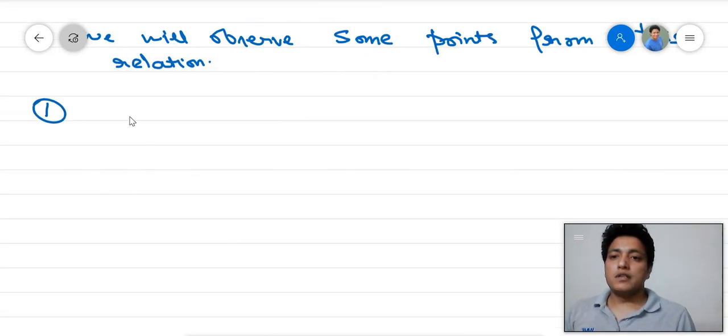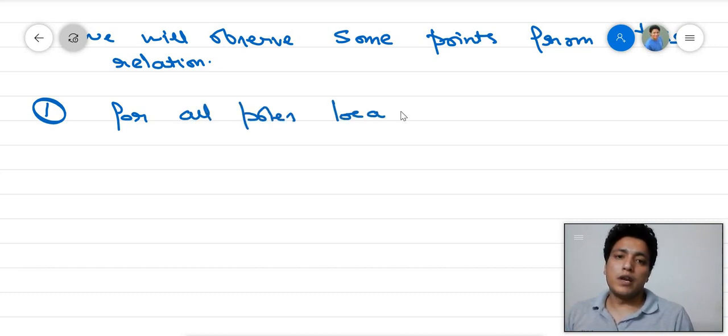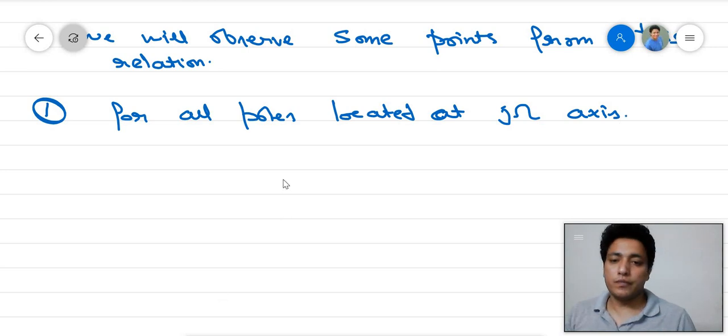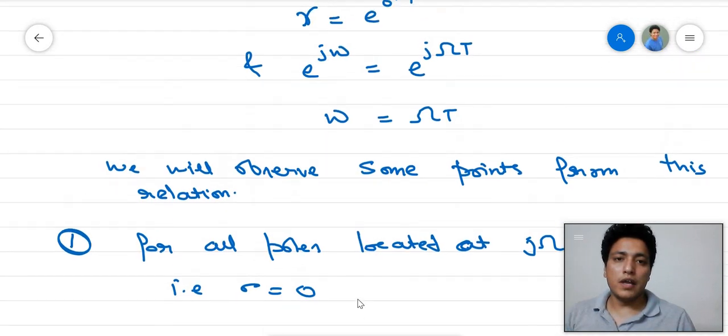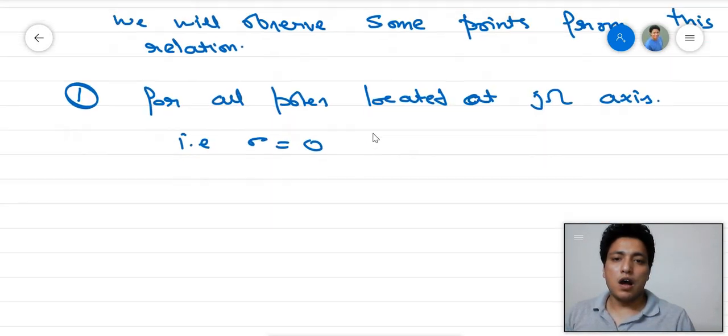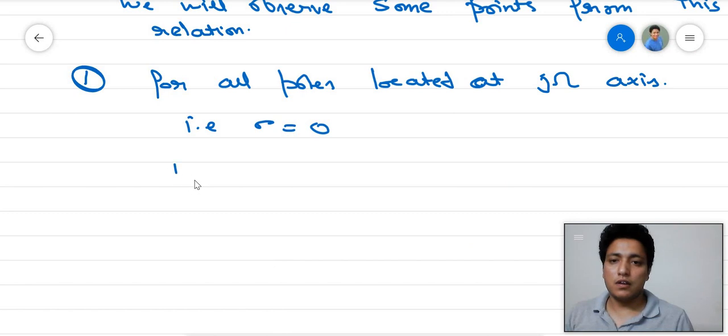First point is, for all poles located at j omega axis, that is sigma will be equal to 0, then r is equals to 1.